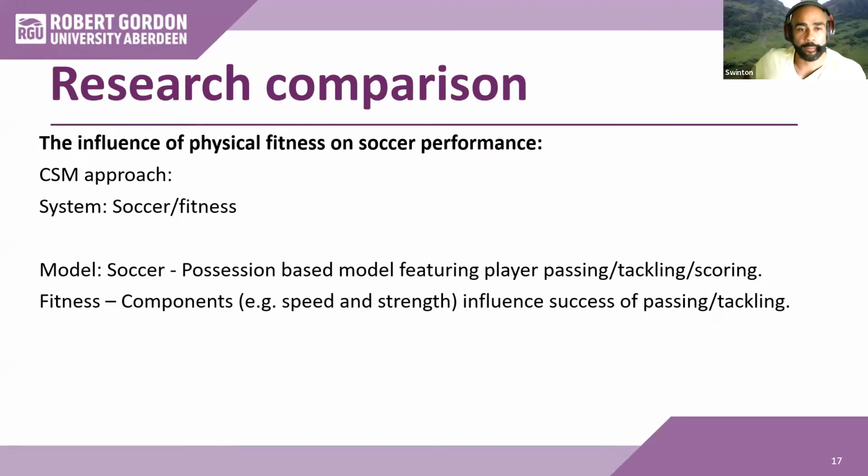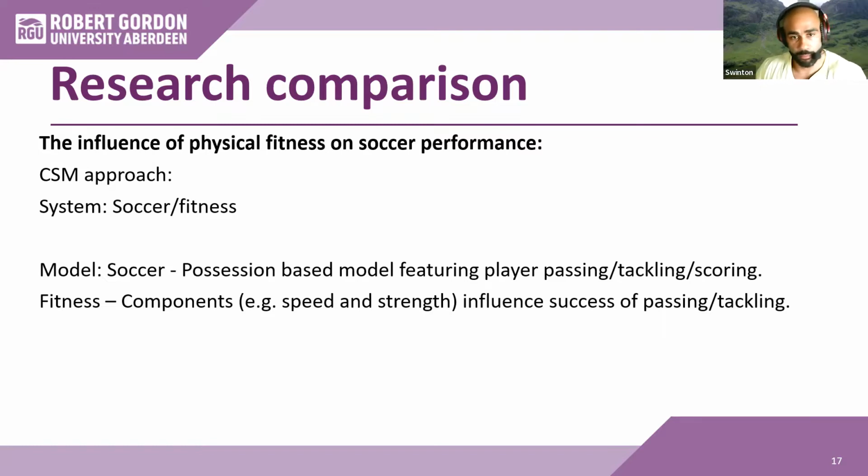But for the purposes of our CSM and this question, what we would do is incorporate fitness components into our agent-based model. So for example, it would be relatively trivial to build a passing model where the success is determined by the location of the pass and the position and top speed of each of the players.